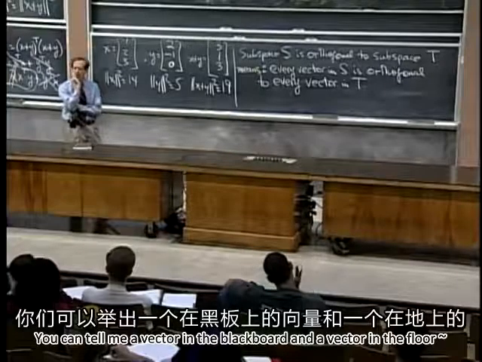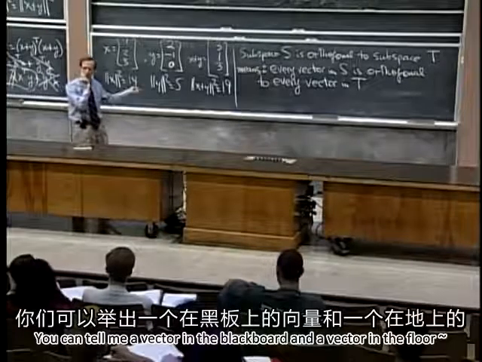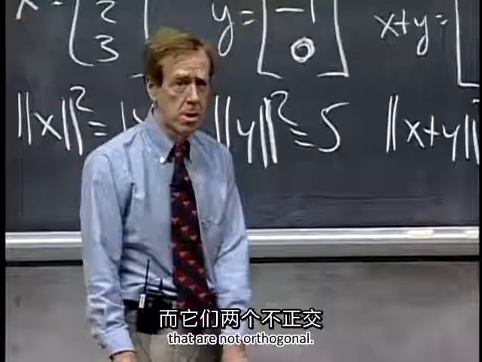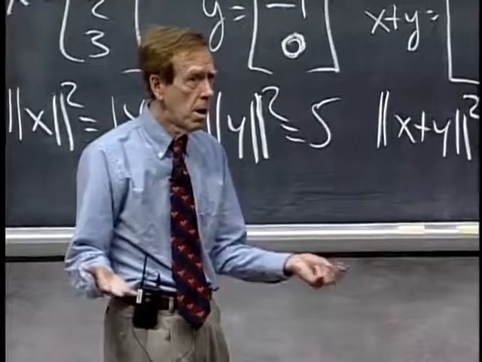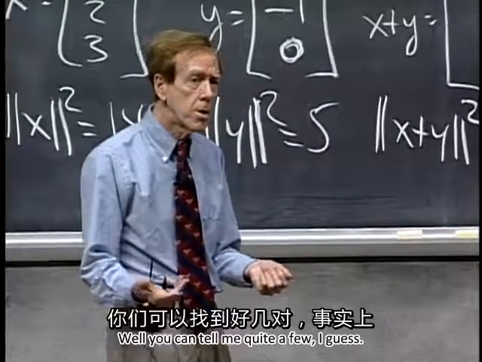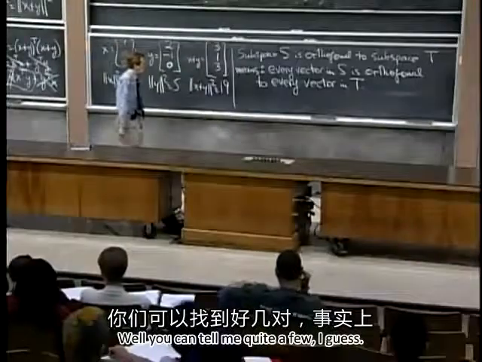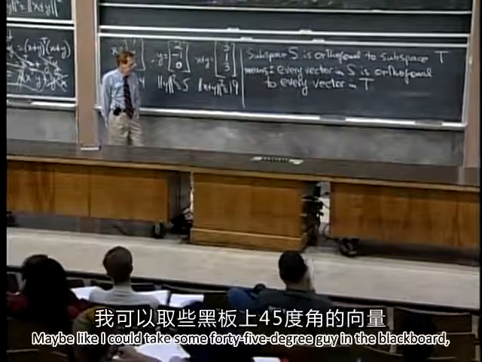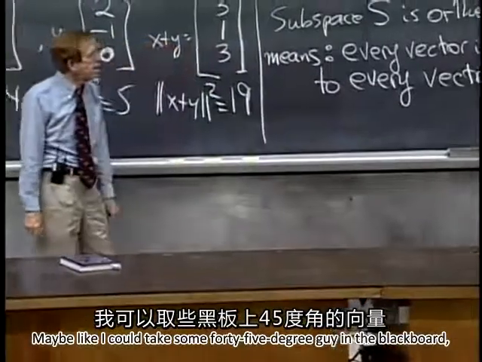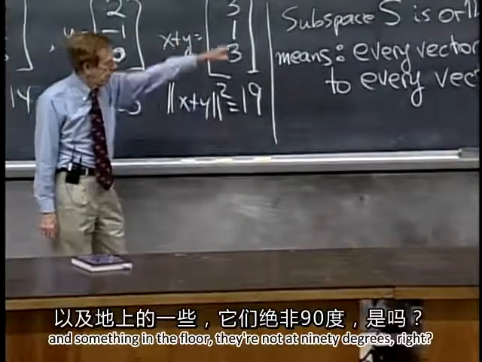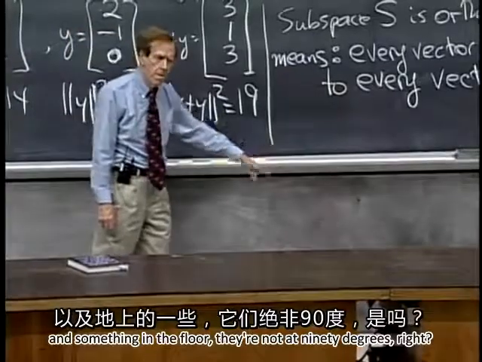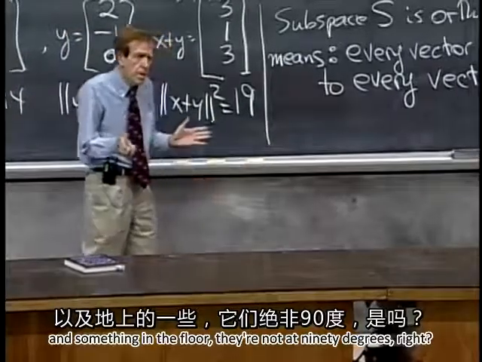You can tell me a vector in the blackboard and a vector in the floor that are not orthogonal. Well, you can tell me quite a few, I guess. Maybe, like, I could take some 45-degree guy in the blackboard and some thing in the floor that aren't at 90 degrees, right?